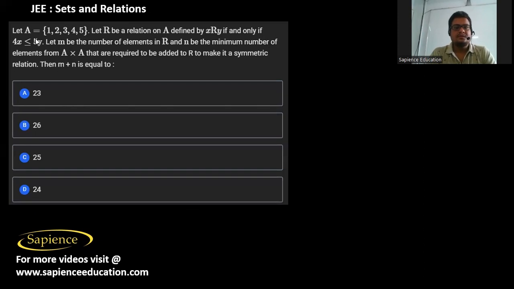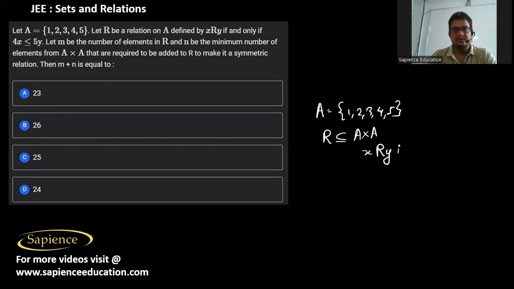Then here it is told that let A be the set {1, 2, 3, 4, 5}, and R be a relation on A, so R is a subset of A cross A. R is a relation on A defined by x is related to y if and only if 4x is less than or equal to 5y.